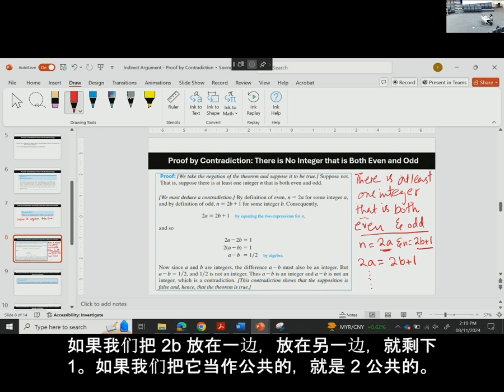How? That if we bring the 2b on one side, on the other side we are left with 1.